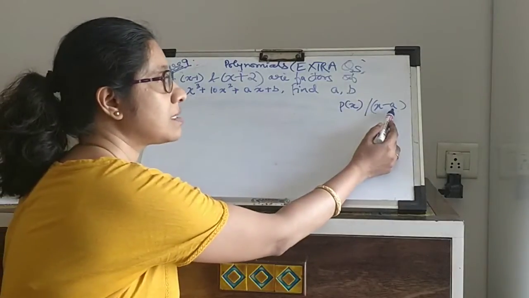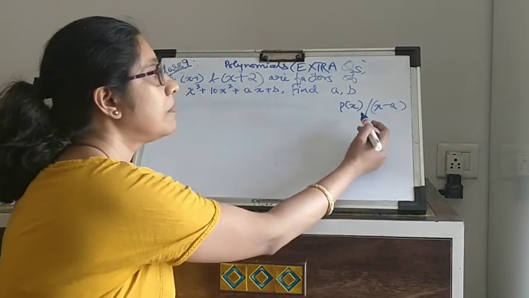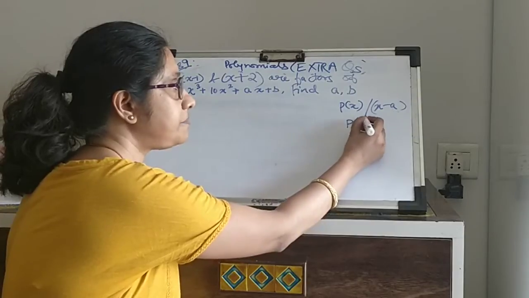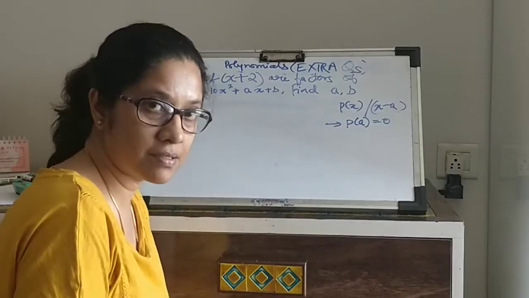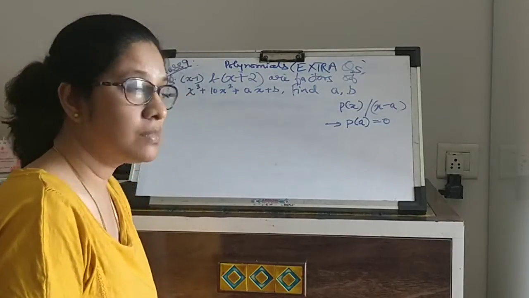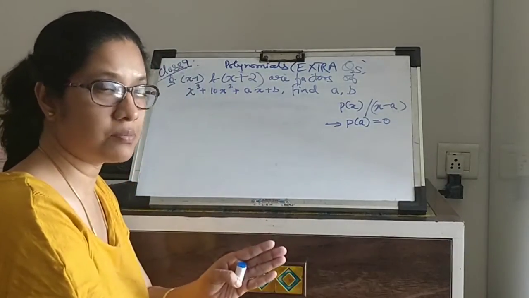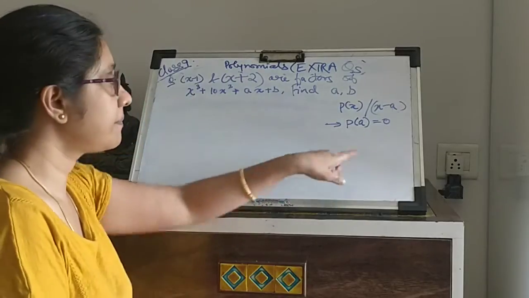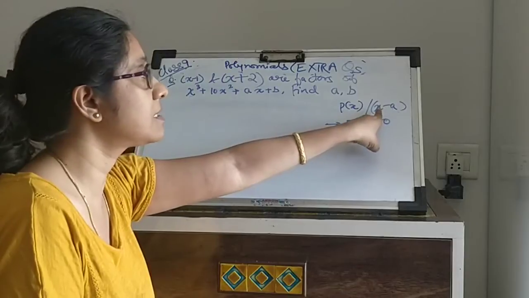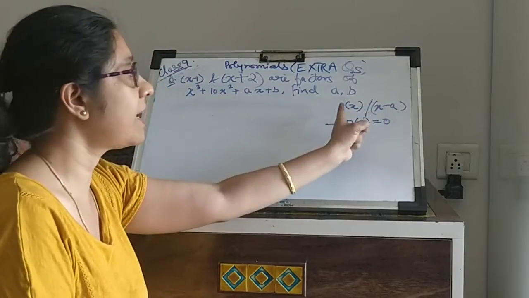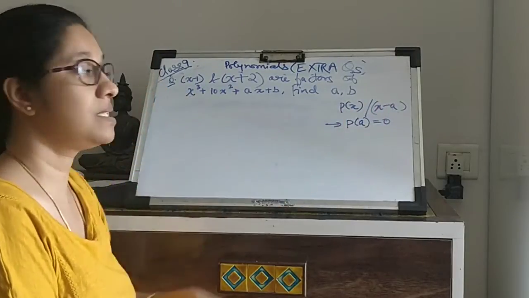If I say x minus a is a factor of px, my remainder, that is pa, should be 0. So this is what my factor theorem is. Remainder theorem extended to factor theorem. Only thing, what we are saying, x minus a is a factor. It's a given statement that x minus a is a factor of px, and hence pa will be 0.